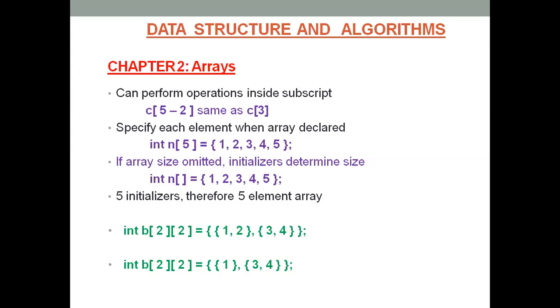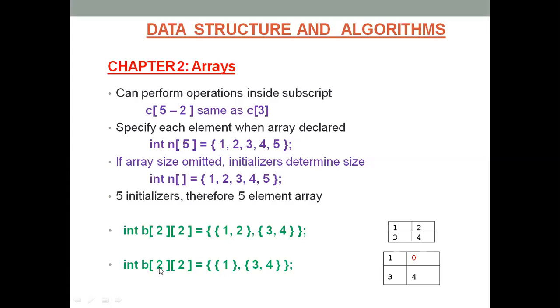Okay, so this is again just for refreshing, whatever you know before. The first one has the values 1 and 2, and then 3 and 4. This is the second row, and this is the first row.